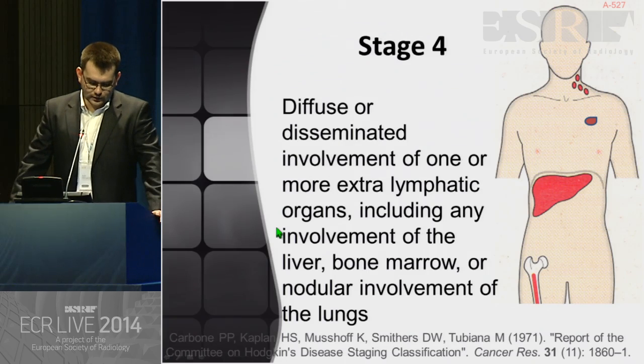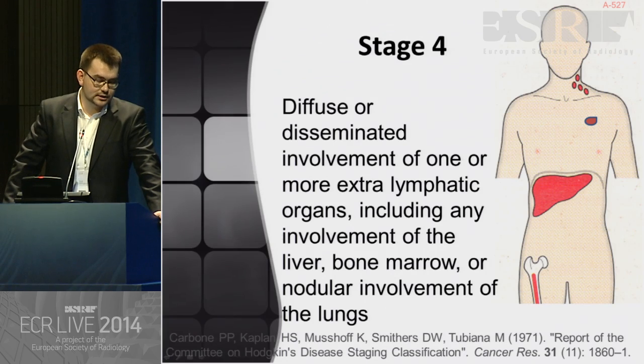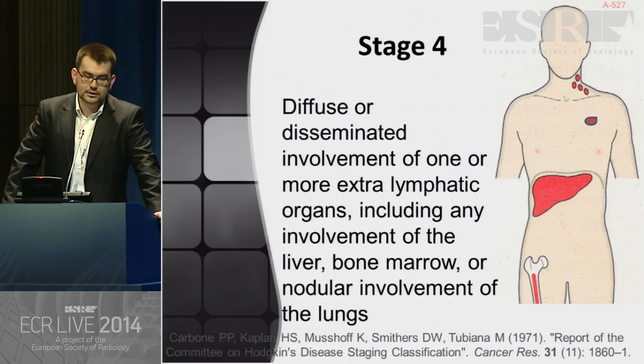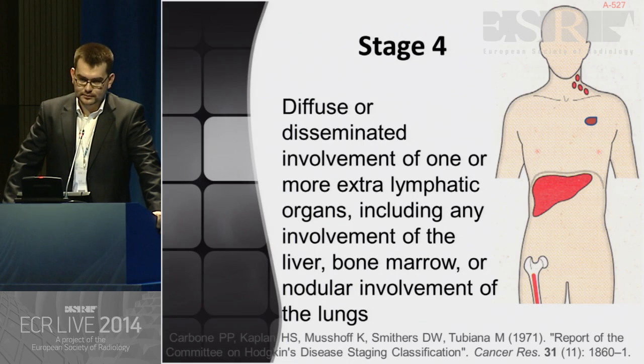And the fourth stage means diffuse or disseminated involvement of one or more extralymphatic organs, including any involvement of the liver, bone marrow, or nodular involvement of the lungs.